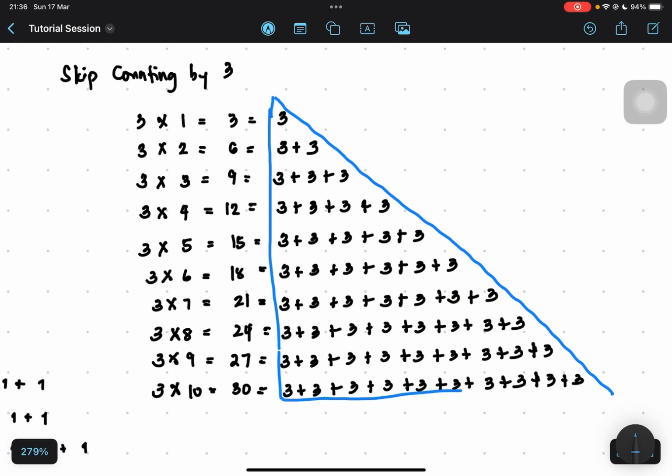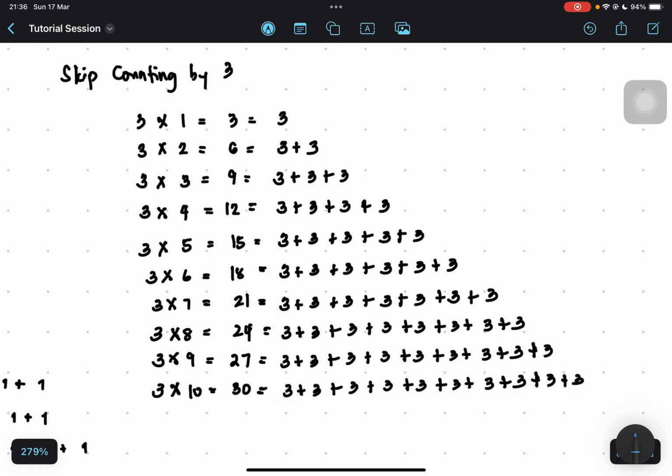And if we continue this over and over again, the shape that we obtain is a right triangle. This interpretation is also the same as we discussed for skip counting by 4 and skip counting by 5.